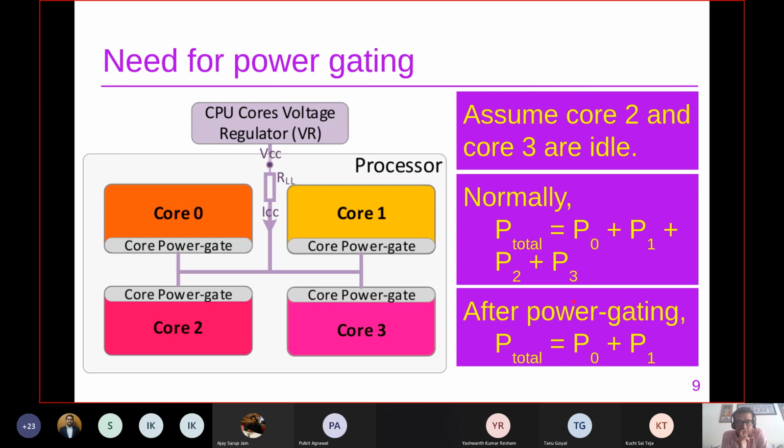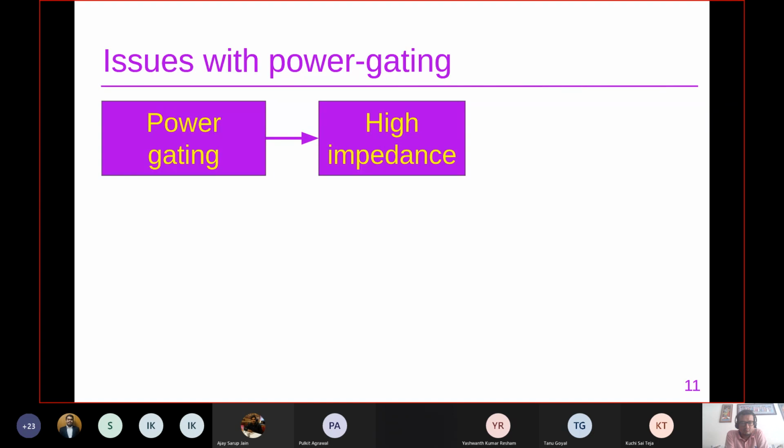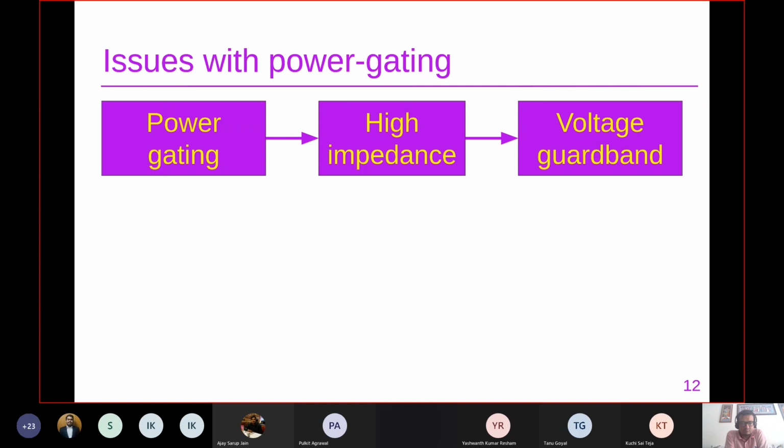This motivates us to look into how to power gate, what the issues with power gating are, and how we need to resolve them. So let us directly jump into the issues with power gating. When you power gate a system, you essentially increase its impedance. And when you increase its impedance, the IR drop across that power gating circuit increases. Thus, to compensate for that, we need to introduce a voltage guard band.